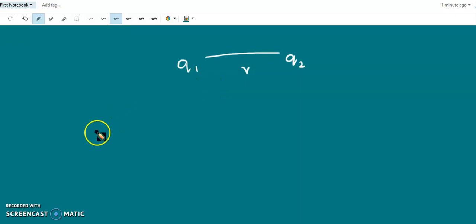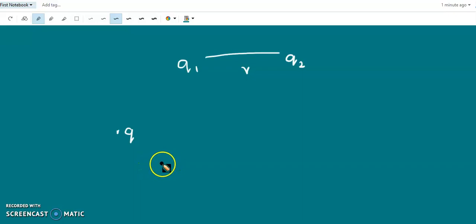So electric field is defined as the region or space around a charge where another charge experiences a force of attraction or repulsion. So even if there's no charge around this charge, there will be an electric field around this charge. So around any charge, there will be an electric field.